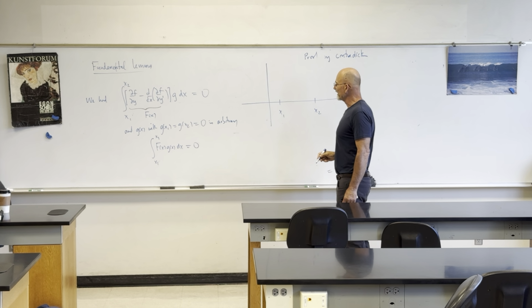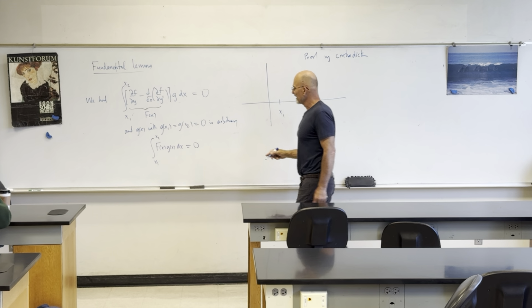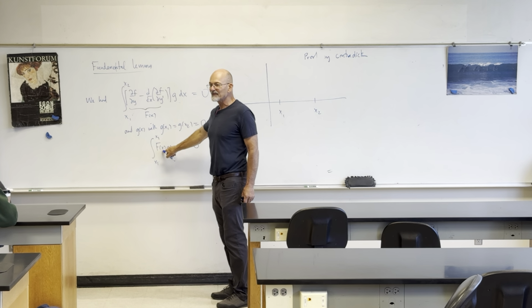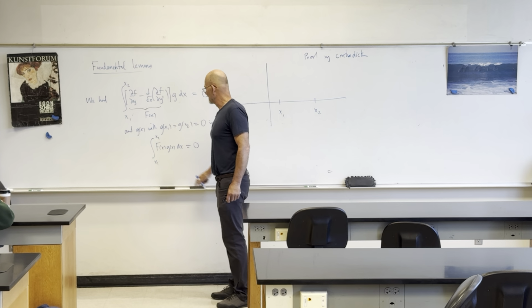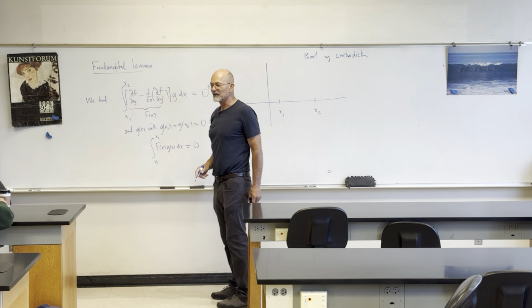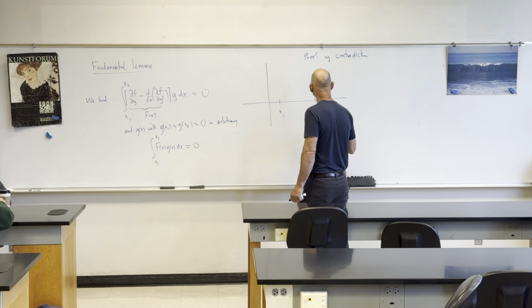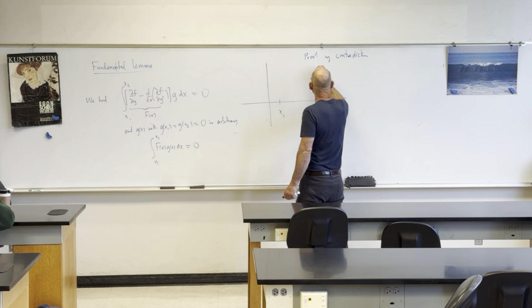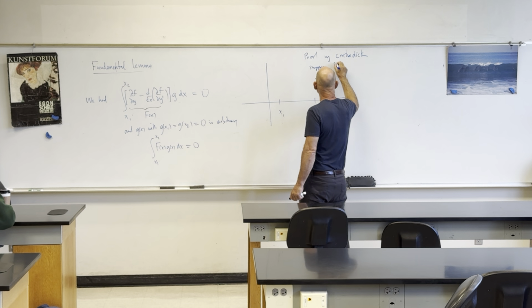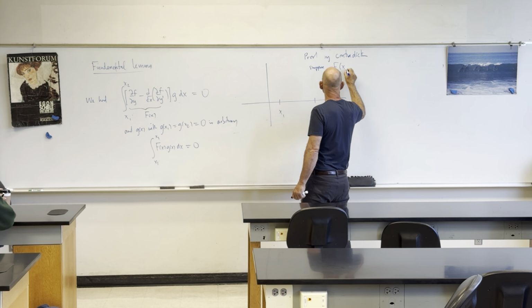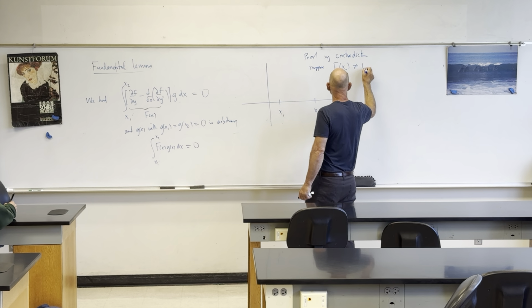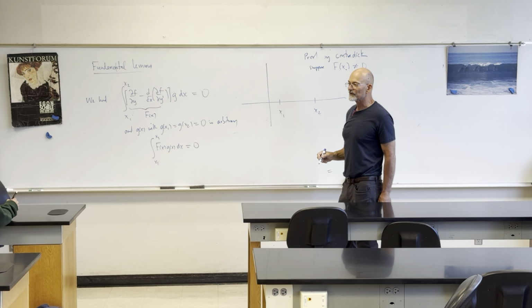So what we're going to prove is, if f of x is not 0, then we can prove that this integral is not 0. That's the contradiction. So suppose f of x0 is not equal to 0. There's one point where it's not equal to 0.